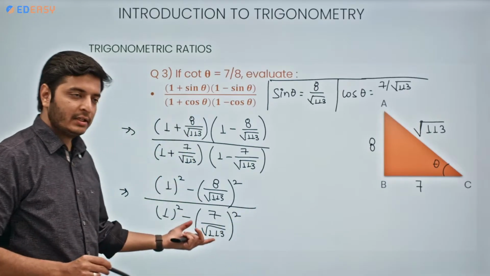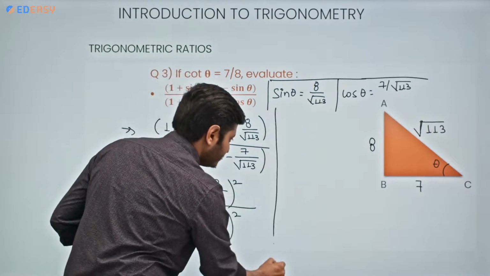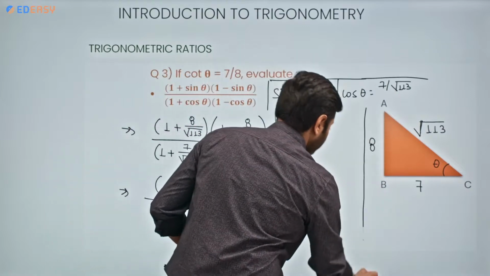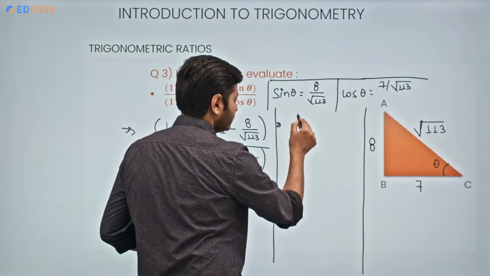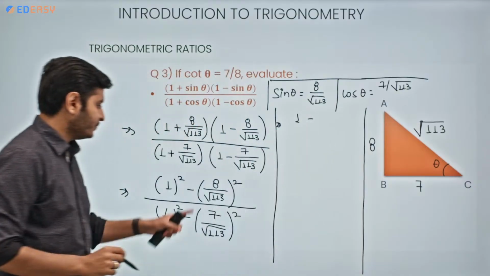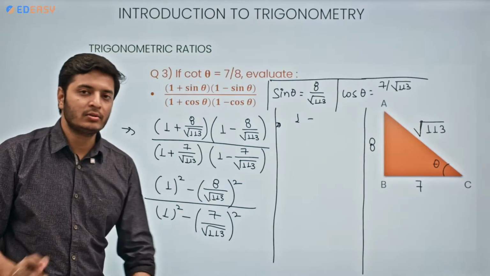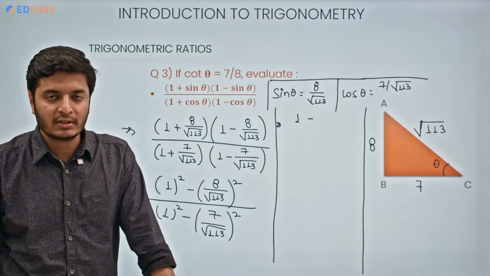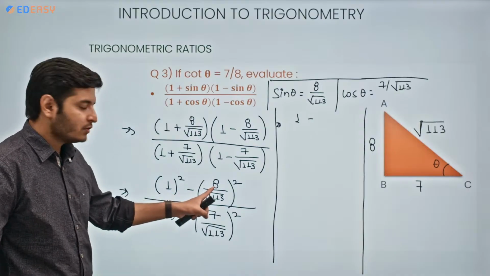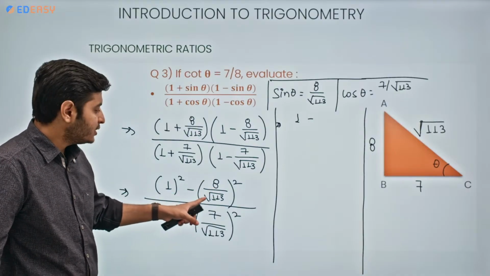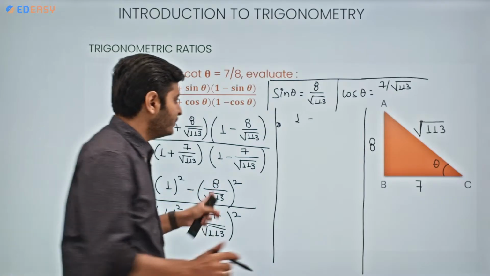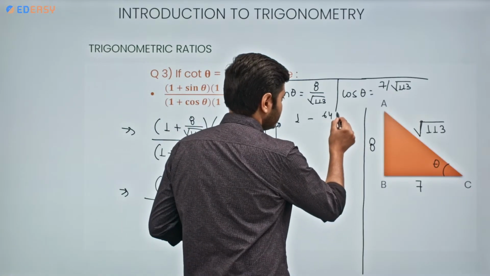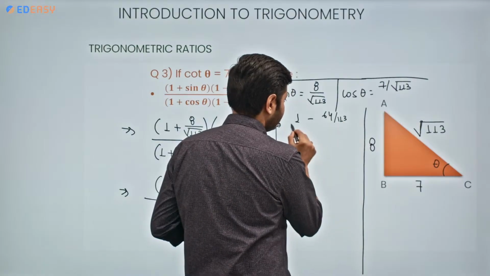Now we can open the squares. So let me split the screen so that we can use this space. 1 square is 1 minus 8 by under root 113 whole square. 8 square would be 64, and the square and under root in the numerator will cancel each other. So it will become 1 minus 64 by 113.